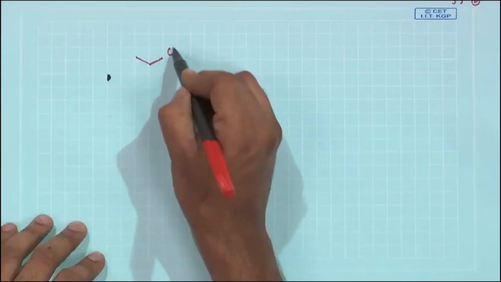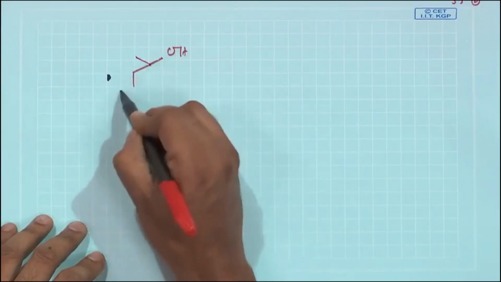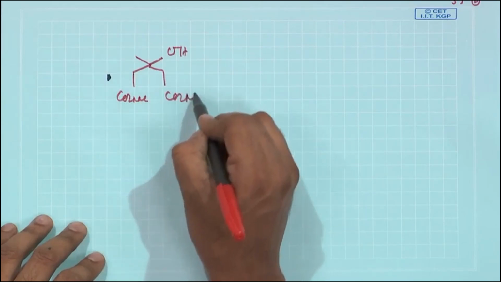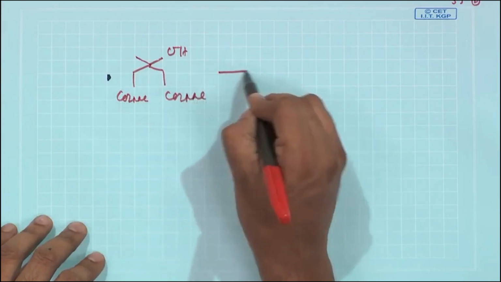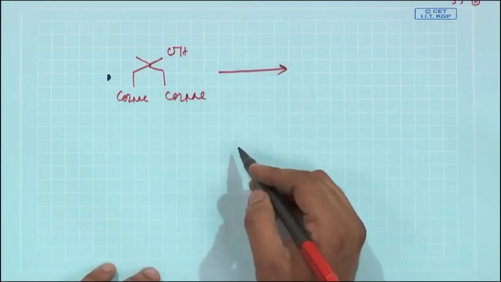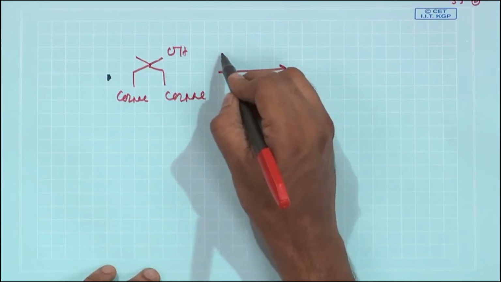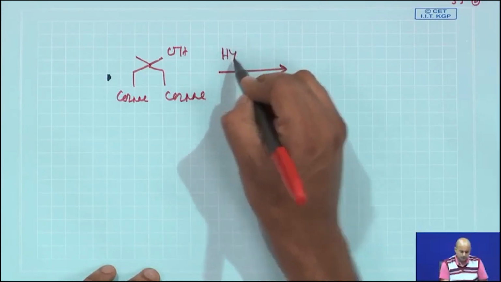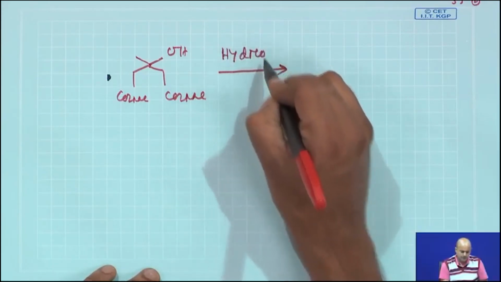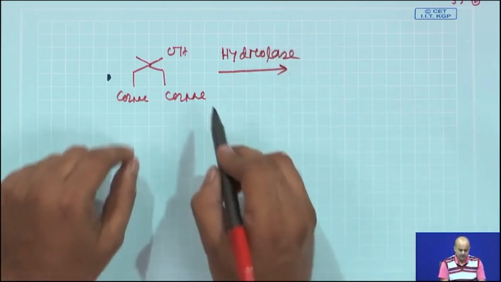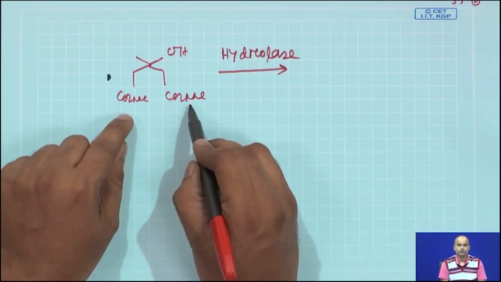The starting material is CH2CO2Me, CH2CO2Me. For this kind of chiral disymmetrization you need to put the molecule in a chiral environment. We have not talked about this chiral environment, but one example is given by an enzyme, a hydrolase. Hydrolases are enzymes which hydrolyze ester bonds.